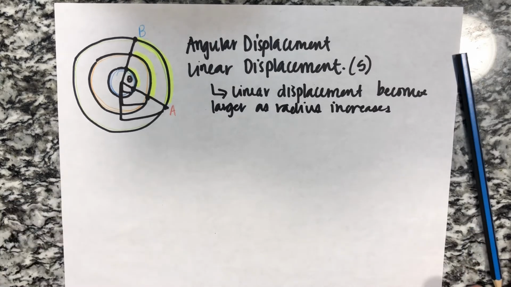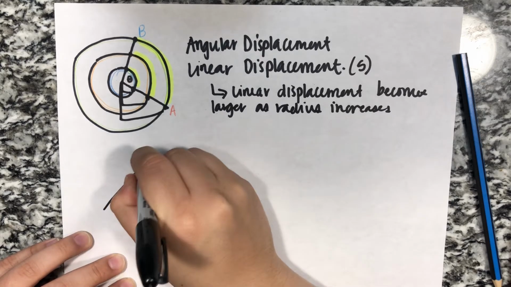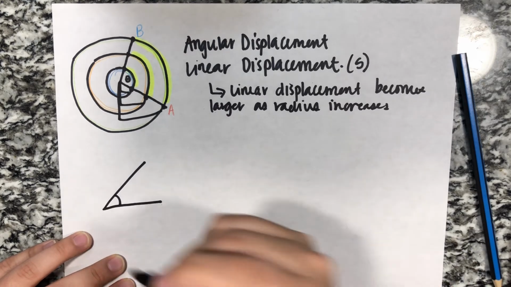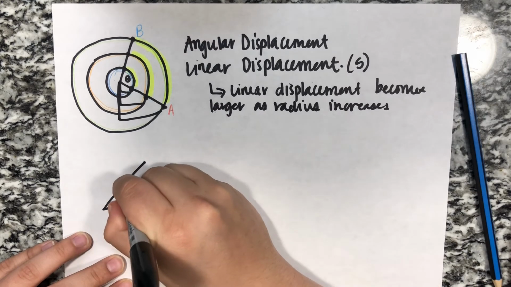Now, what about the angular displacement? What happens to it? I'm trying to think of a good way to show you, so let me create an angle right here. Say this angle is 21 degrees.